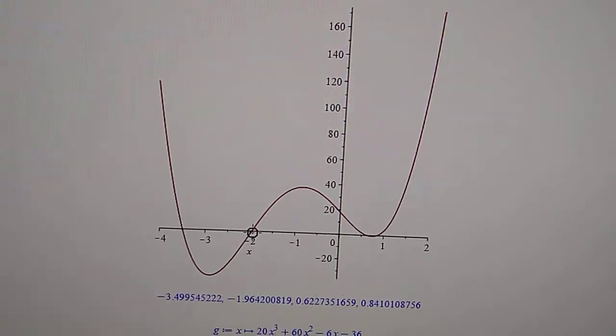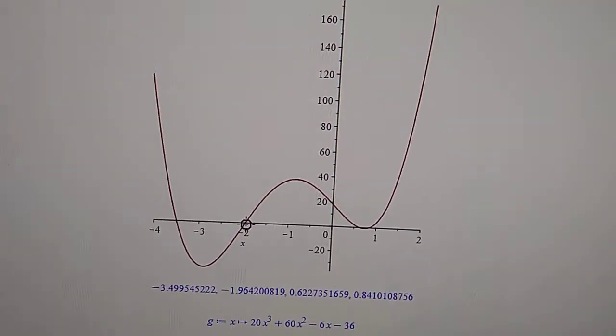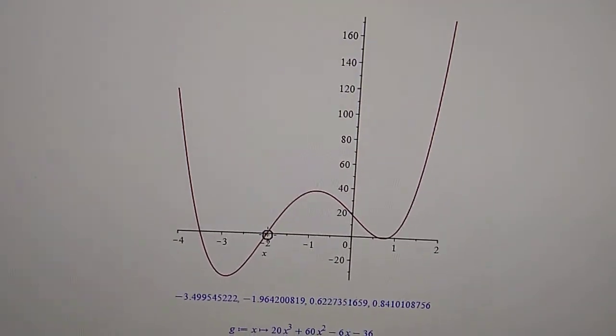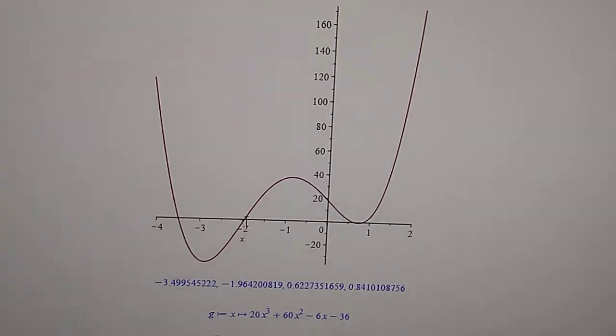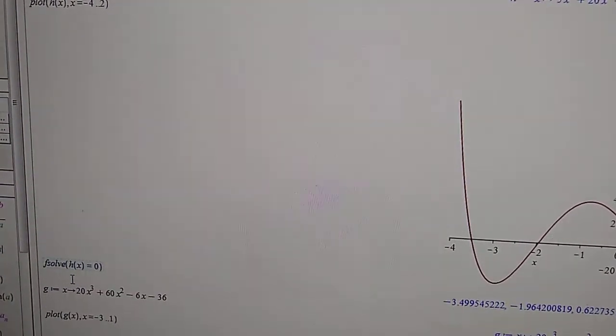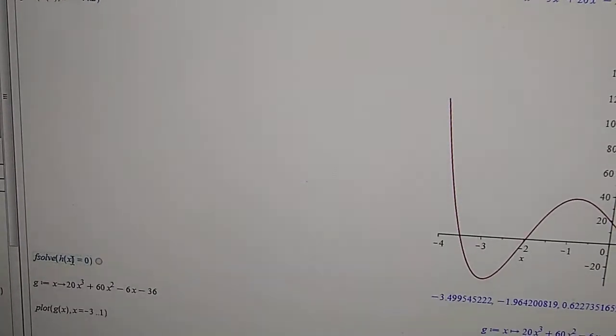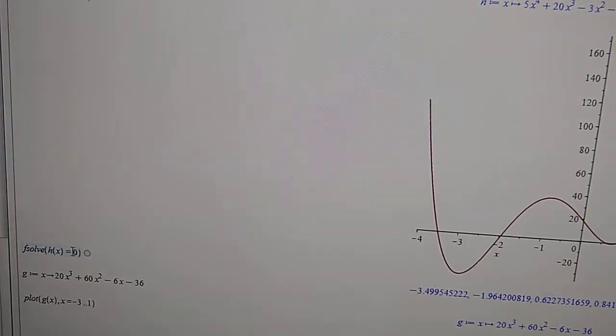So you can find these things just by looking at the graph if you choose the right window and try to zoom in, and keep in mind that the problem says to round everything to 2 decimal places. You can also, if you know how to use your graphing calculator to do this, have the graphing calculator just tell you the approximate solutions.